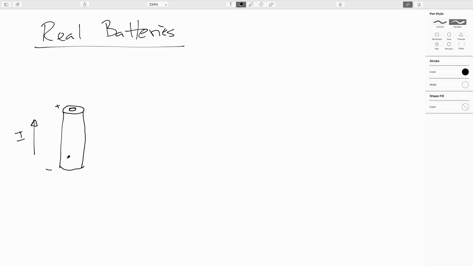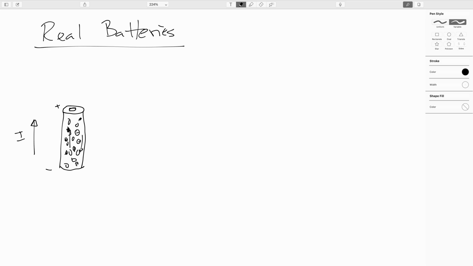In normal operation, what you'll have is both positive ions drifting up, but you'll also have negative ions drifting down. And all of these ions are going to collide with just stuff that's in the battery. So that's going to create resistance. And that's just plain unavoidable.